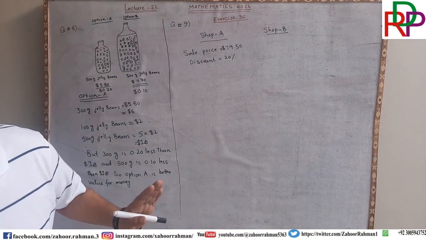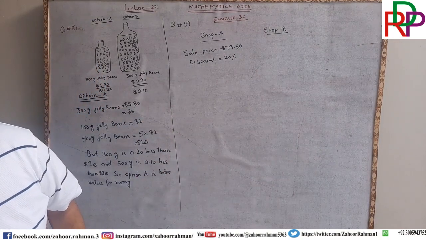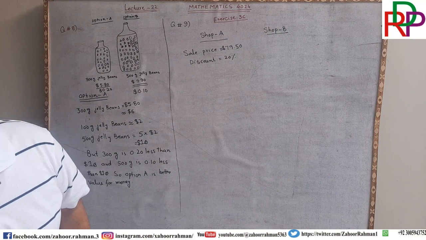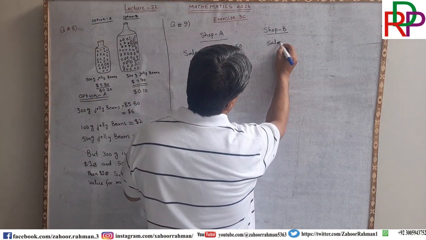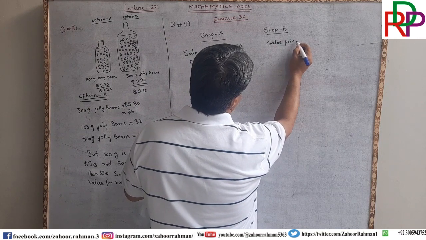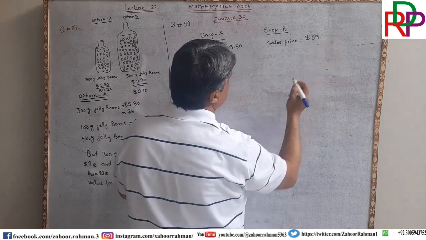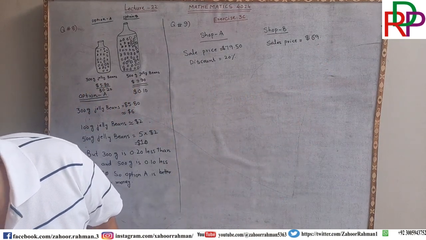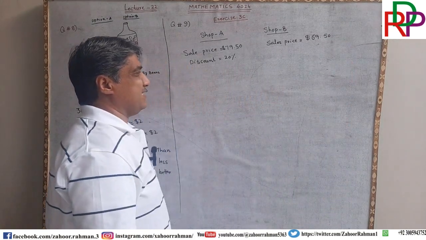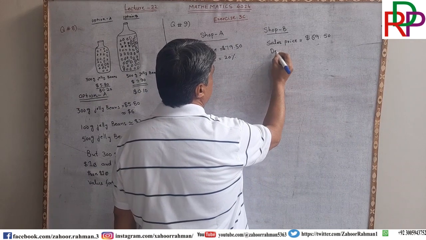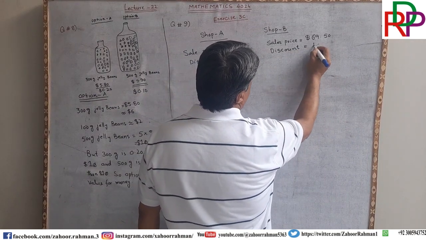Similarly, the same dress which you are taking, giving on $69, sale price is equal to $69.50 with a 10% discount. Here the discount is 10%.